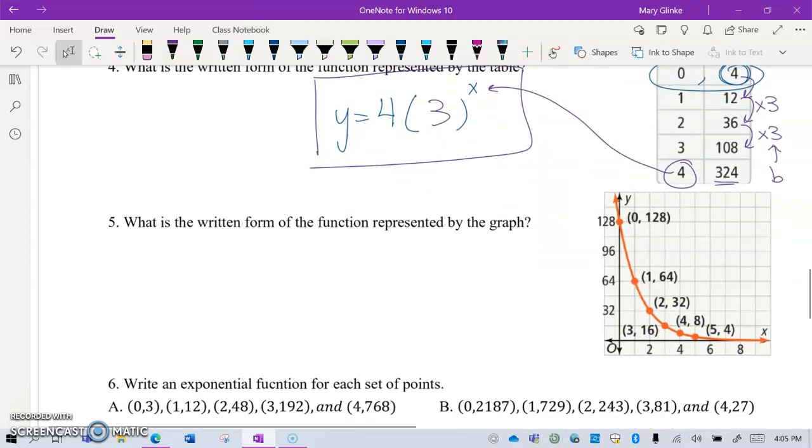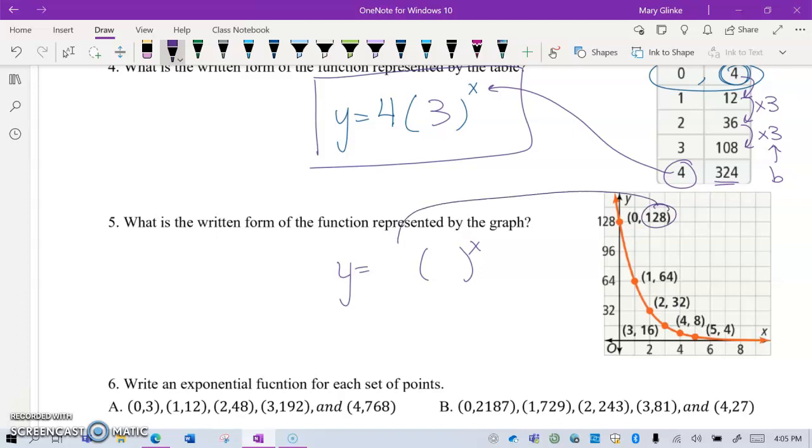Let's take a look at the next one. So it's going to be y equals a times b to the x. Your a value always comes from your y-intercept, 0, something. So we're going to use 128 as my a value. Now, for my y values, I'm going from 128 to 64 to 32 to 16.